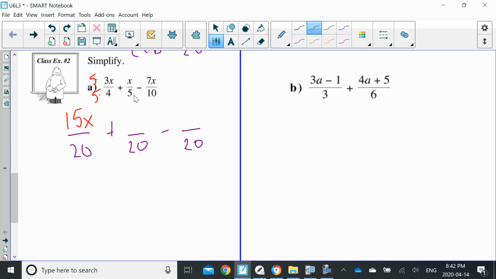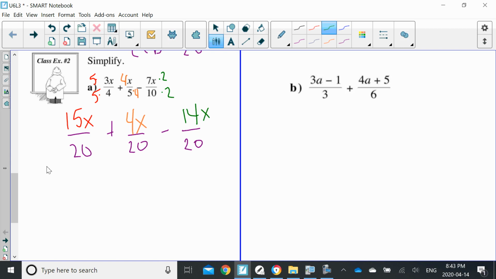Then go over to the 5 and say, what would you multiply that by to get 20? You would multiply 5 by 4. So I'm going to multiply both numerator and denominator by 4, and I would get 4x here. Then say to yourself, what would you multiply 10 by to get 20? That answer is 2. So multiply both numerator and denominator by 2, and 7x times 2 is 14x.